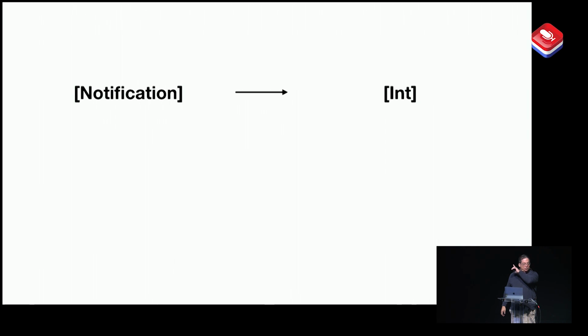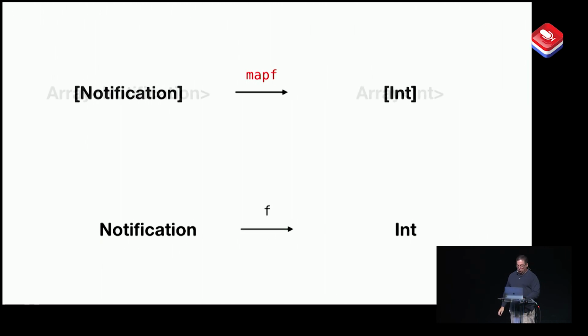We write them this way, but this is just syntactic sugar. The trick is, give me a way of mapping a single notification to a single int. And if you give me a way of doing that, then map allows me to map a whole array of notifications to a whole array of ints.